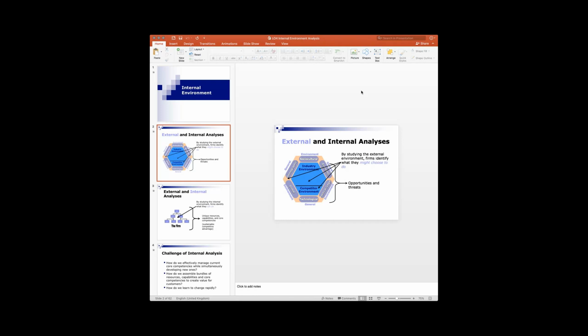Now, when we look at identifying the factors which affect the marketing strategy, or the strategy which affects the factors which affect the business and its overall strategy, we look at categorizing them into internal and external.